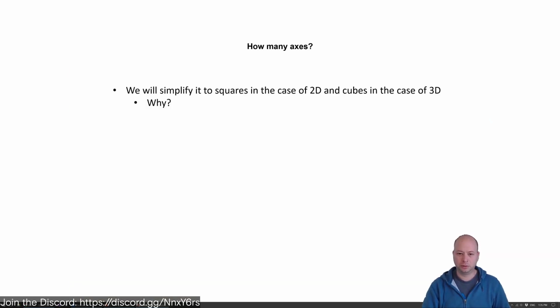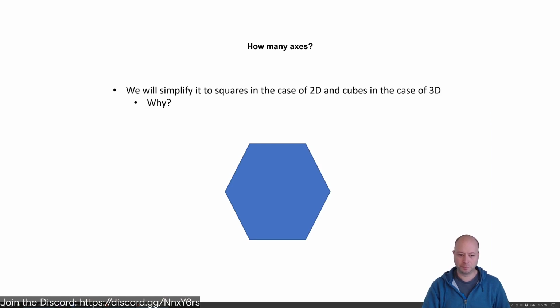To simplify the test, we can use just squares, but for the most part the math turns out the same way. If you want to, you can do this with other shapes. You can do this with hexagons.